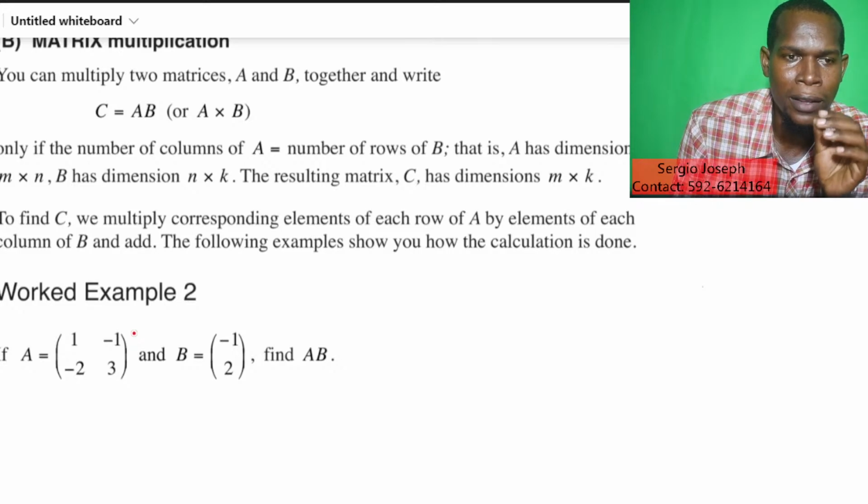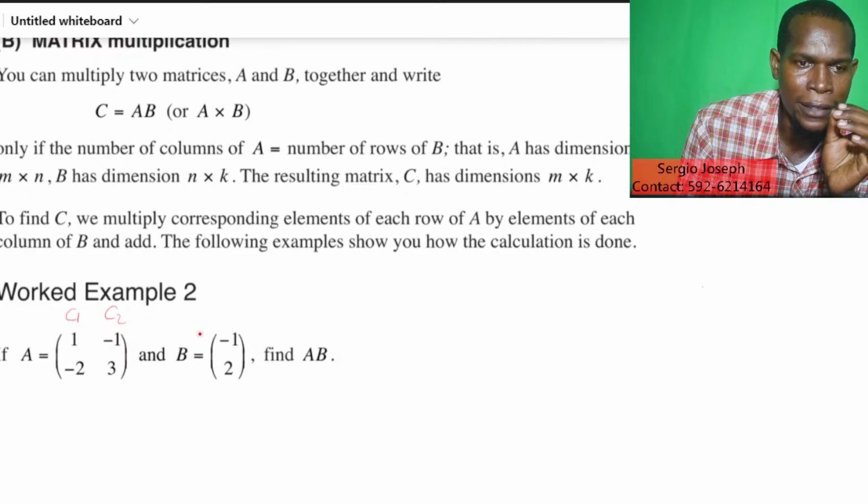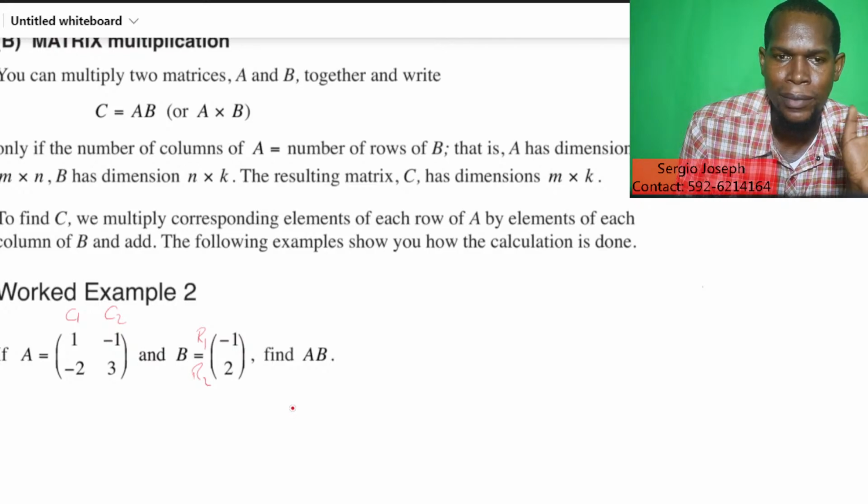You can only multiply two matrices if, in the first matrix, the number of columns, which is C1, C2, how many columns do we have? We have 2, is equivalent to the number of rows in the second matrix. That is the most important point to note.